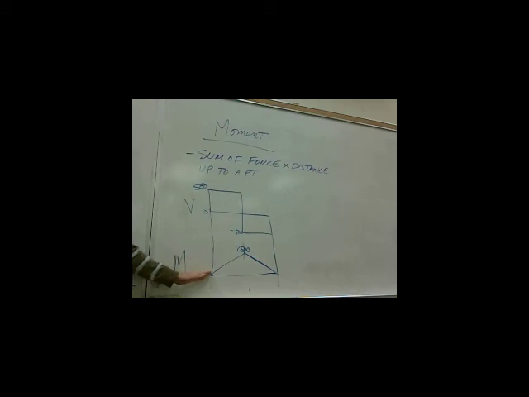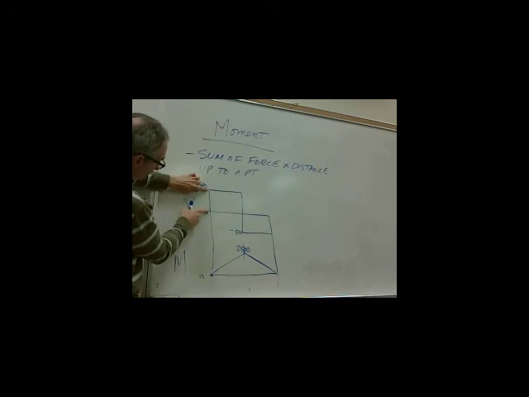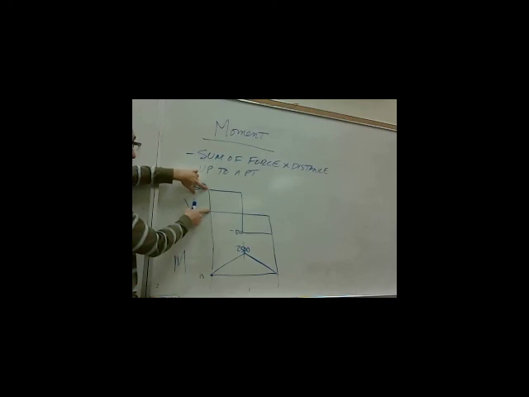The definition was the sum of the forces multiplied by their distances away from the point. What's this value on the shear diagram? What's the height of this shear diagram right here? It's 500, and what is 500? The sum of the forces, right?